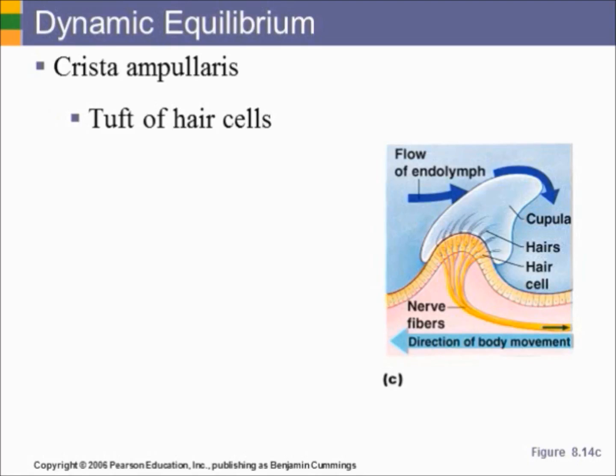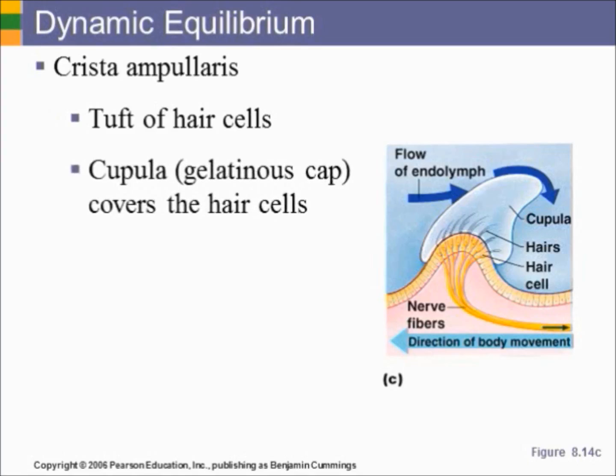The endolymph is going to cause the cupula to bend. When this bends, it sends an action potential through these hair cells. That sends the message to the vestibular portion of the vestibulocochlear nerve to your brain that says, hey, I'm flipping forward, flipping backwards, spinning around. That's where all those messages come from. So it's all based around this cupula, which is being pressed by the endolymph.